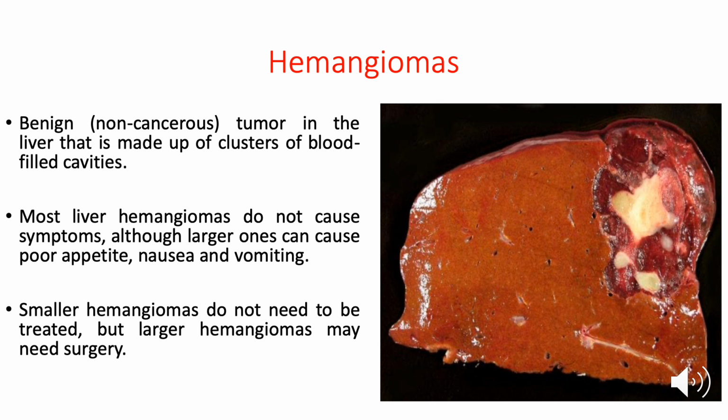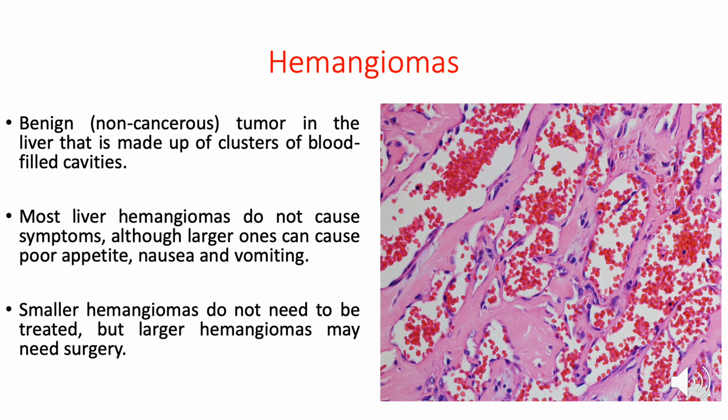Most of the time, this mass does not cause any symptoms, and surgical removal is rarely needed. This is the picture of the biopsy of the hemangioma. As you can see, you have here cavities that are filled up with red blood cells.